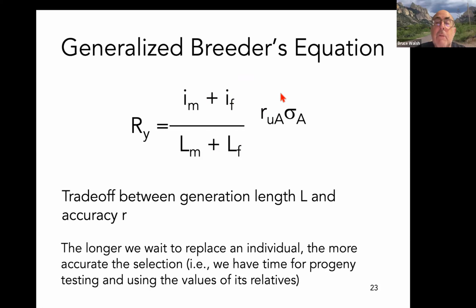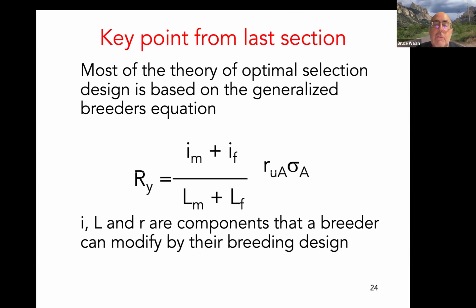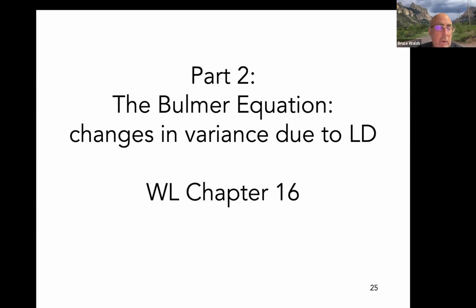That gives me a higher prediction, a value here bigger than H, but it takes more time to score. Does that trade-off work? Well, chapter 13 shows you the numbers and whether that trade-off works or not. So as a breeder, you can control the intensity, the accuracy, and the generation intervals, and there are often conflicts between those.